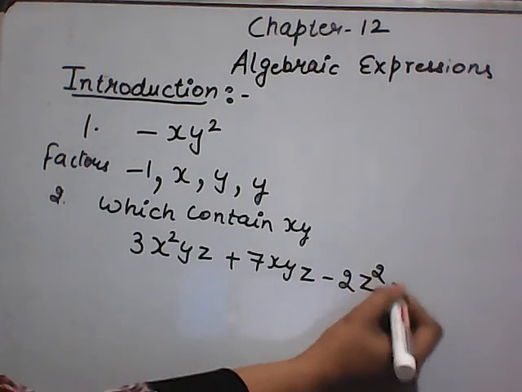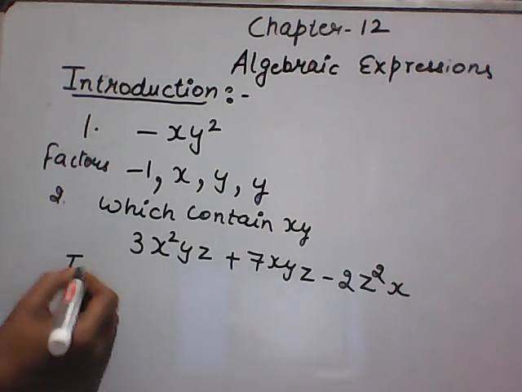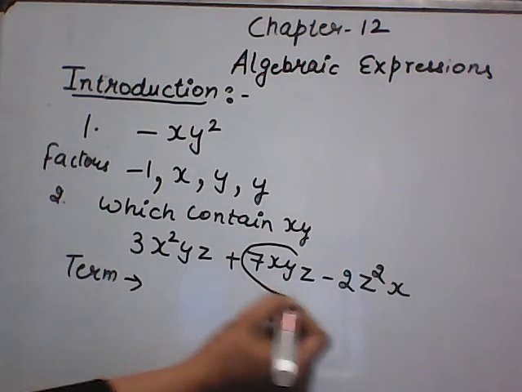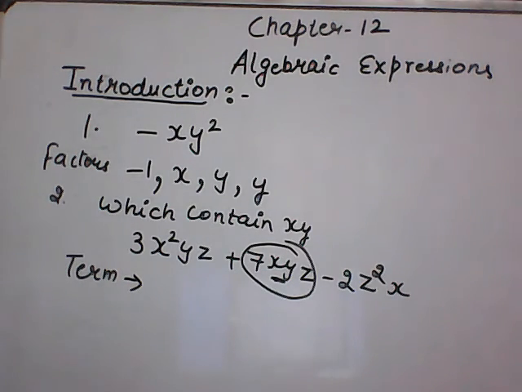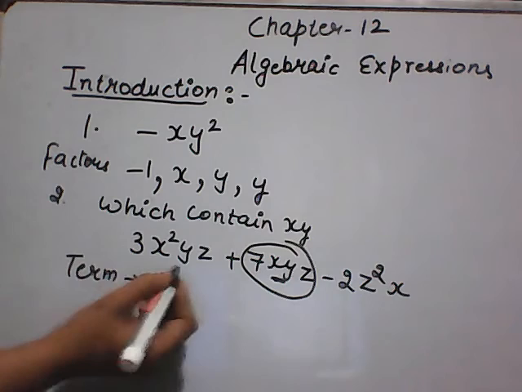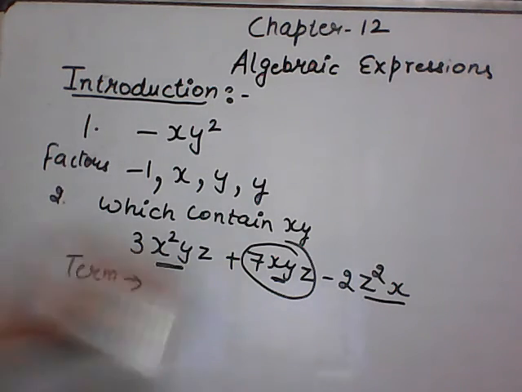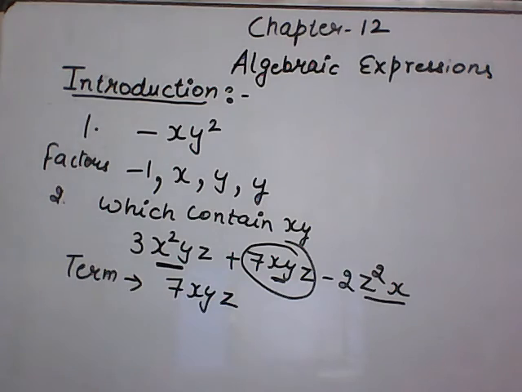You also write the coefficient of xy. Now what is the term that contains xy? Here 7xyz contains xy. This term contains x square y. In this term there is no y. So the term 7xyz is the term which contains xy.